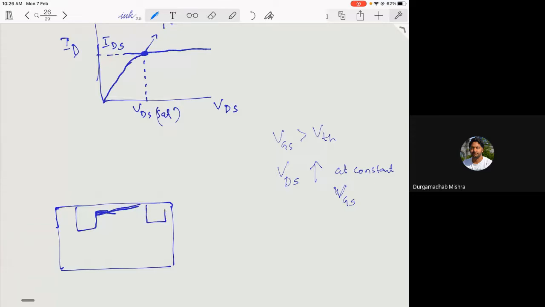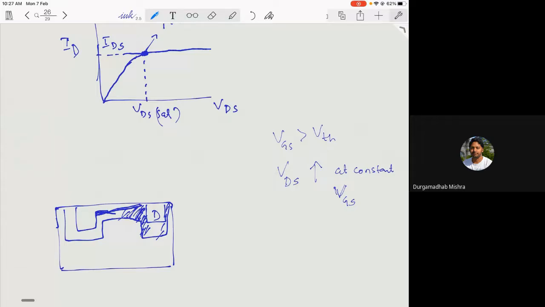Let's say this is my drain. Your depletion region width will increase on the drain side, and a saturation current will flow through the channel, but it will not increase anymore. The current will saturate.